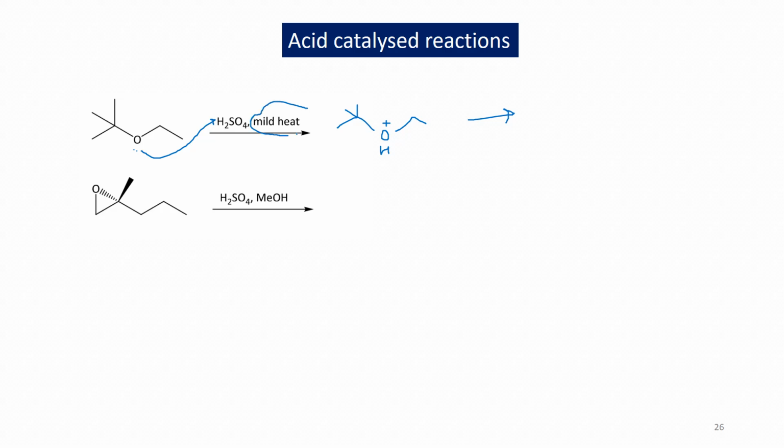As no nucleophile is given but heat is given, that means the reaction will undergo elimination, not substitution. So first this will break, forming this 3-degree carbocation, which is highly stable.